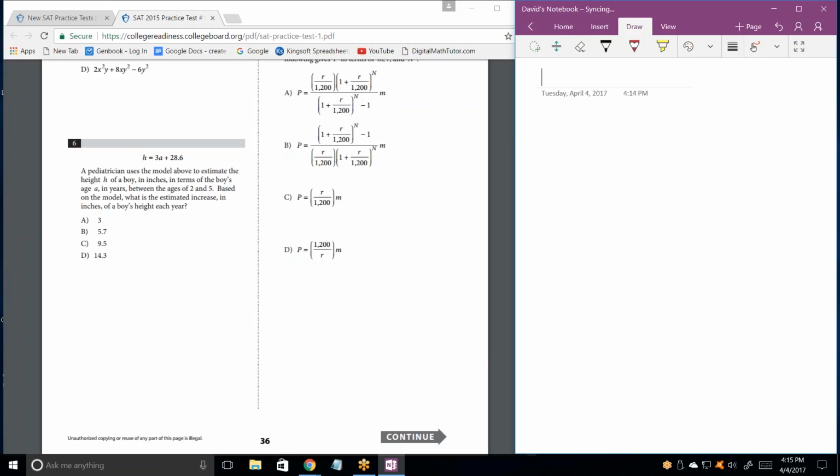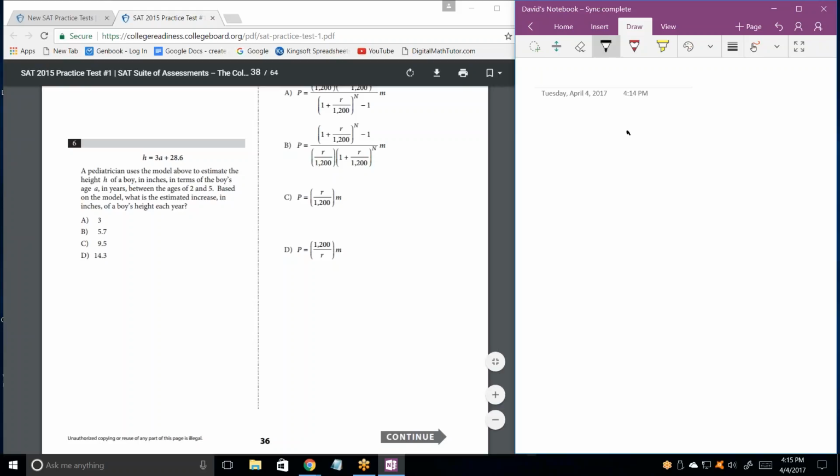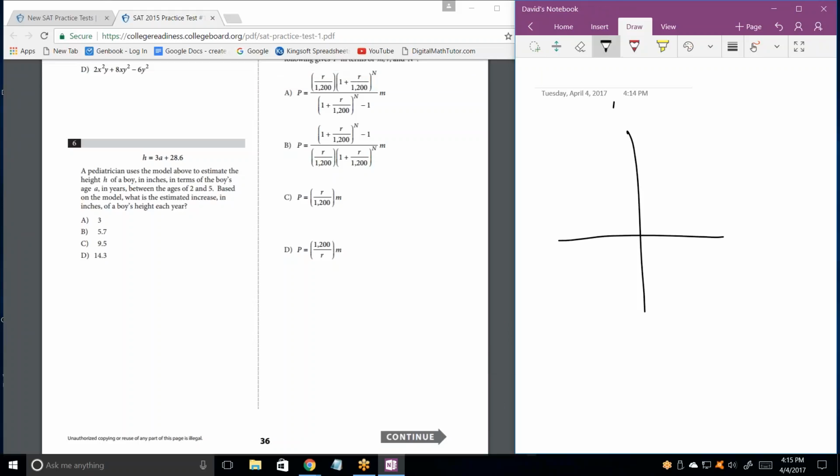Yeah, the slope. In other words, if I were to graph that, that's linear, height being that axis, and it's got a slope of 3. Well, that means every time he goes a year, he gains 3 inches. Rise over run. Okay.